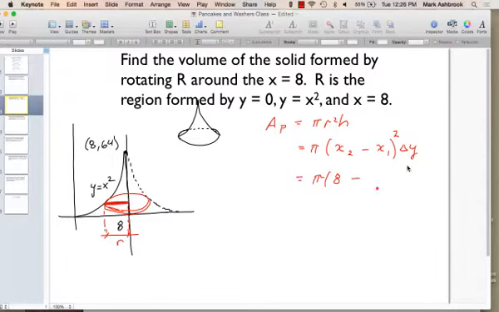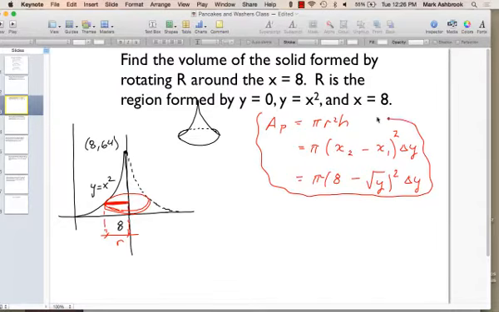We need to get these all in terms of y. So it's the x coordinate of that curve, which in terms of y is the square root of y. So there's our setup work. We got our typical pancake. Oh, sorry, volume. Did I write A before or V? It's V, not A.